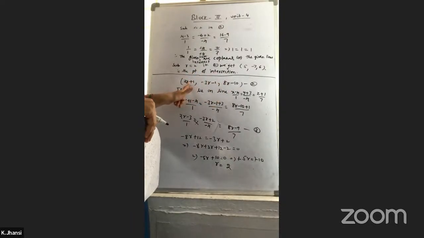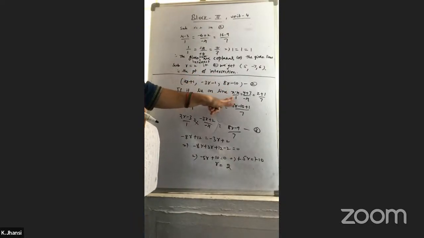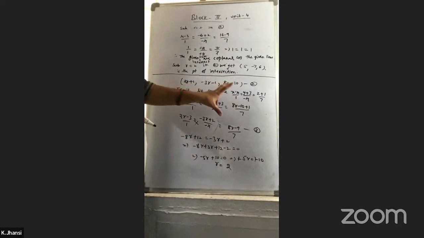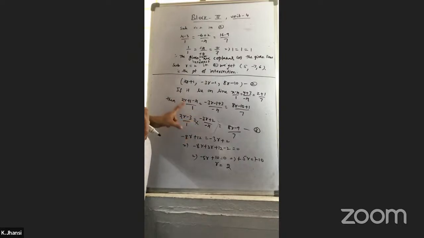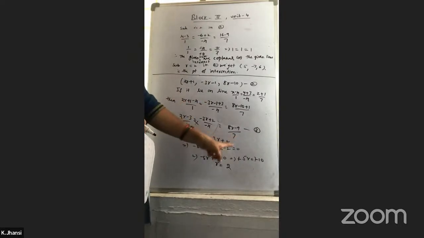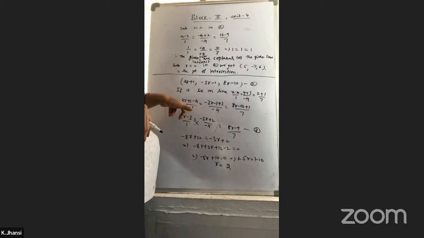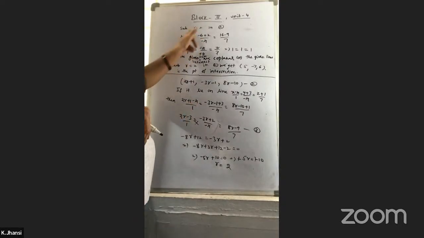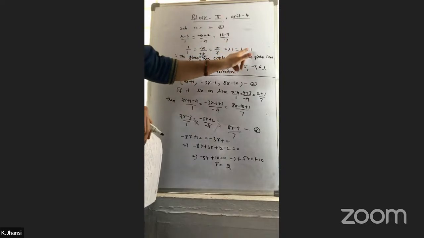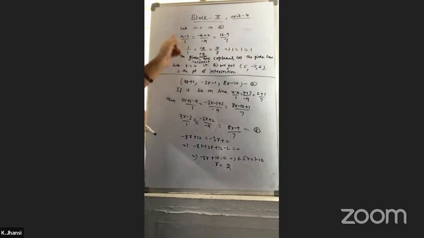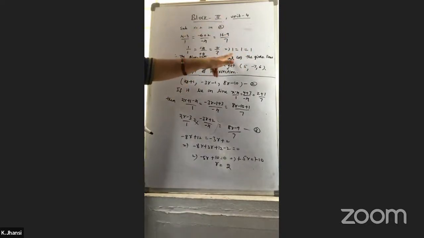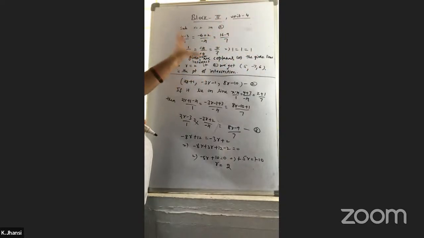Substitute that point in the second equation, do the cross multiplication and find the r value. When you substitute that r value in the equation, if you get all three resultants equal, then the two given lines are coplanar, or they intersect each other.